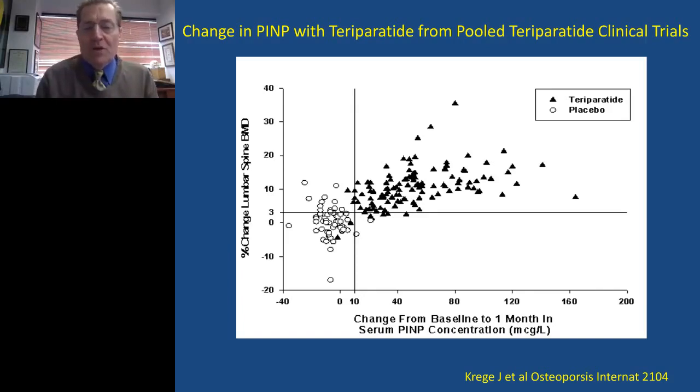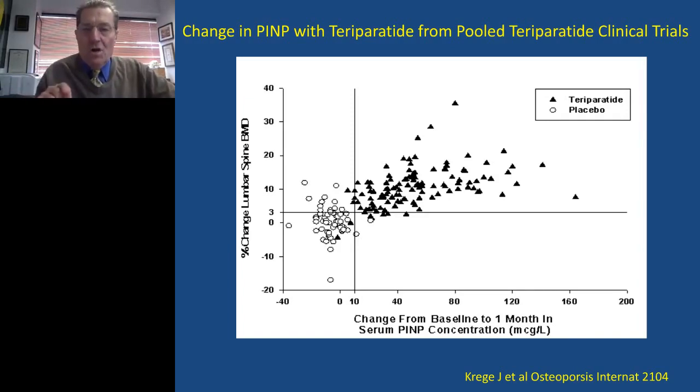If you pull this article that was published in Osteoporosis International just this past year, it will show you that an increase in P1NP from baseline of more than 10 microgram per liter was highly correlated with increases in bone density, and with increases in bone microstructure on paired bone biopsies, so that the cutoff point for what might be a pharmacological response to teriparatide is an increase in P1NP of 10 microgram per liter.